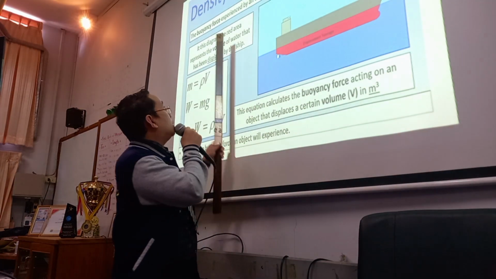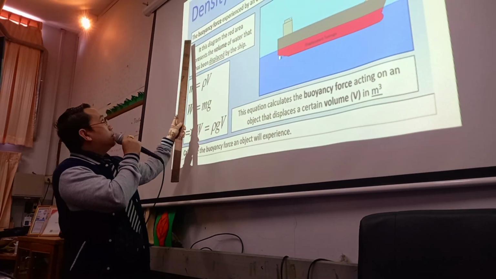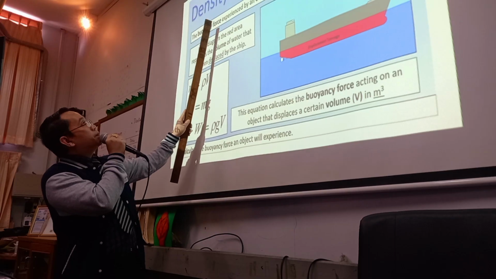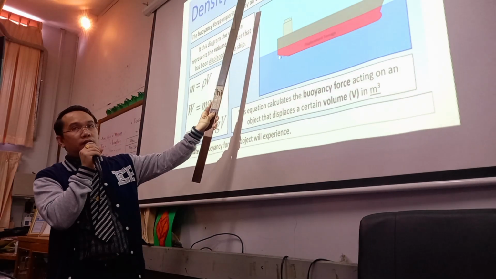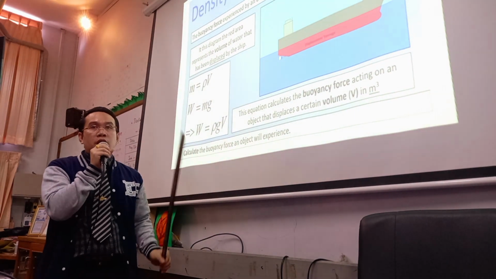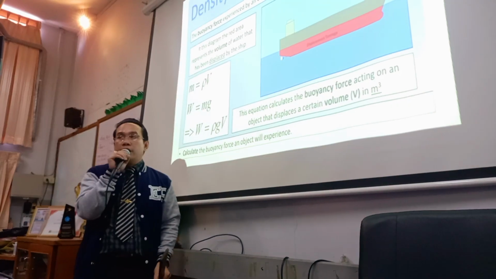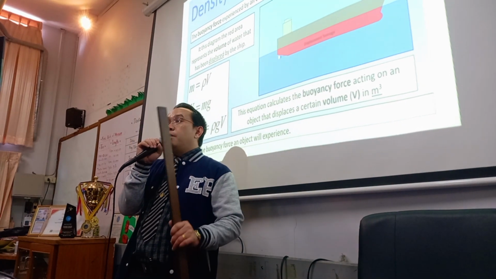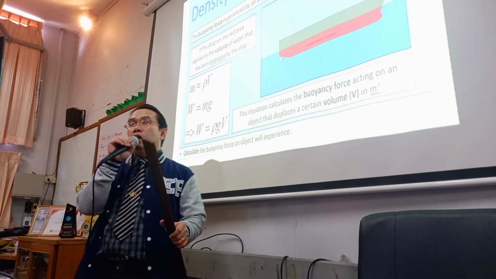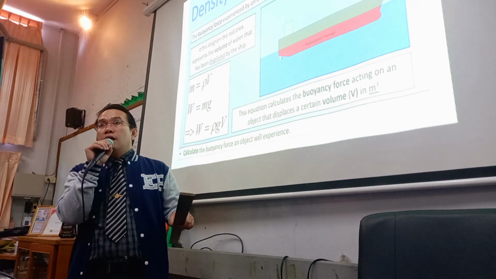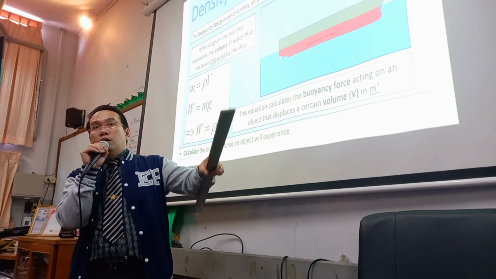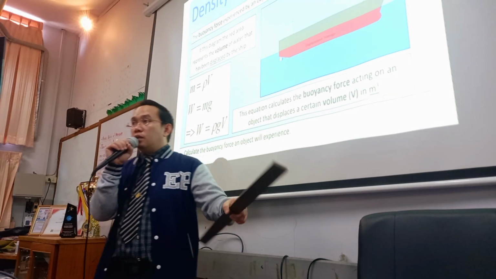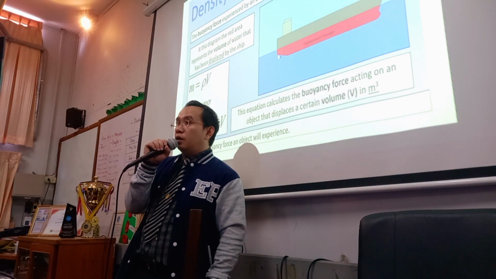So what does that mean? I'll repeat: the buoyancy force experienced by an object is equal to the weight of the fluid displaced. When you talk about fluid displaced, it means the amount of increase after you let the object get into that fluid.